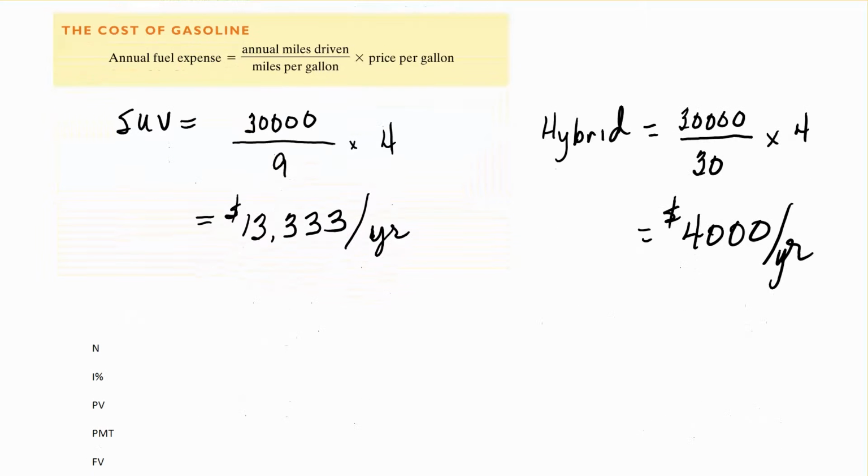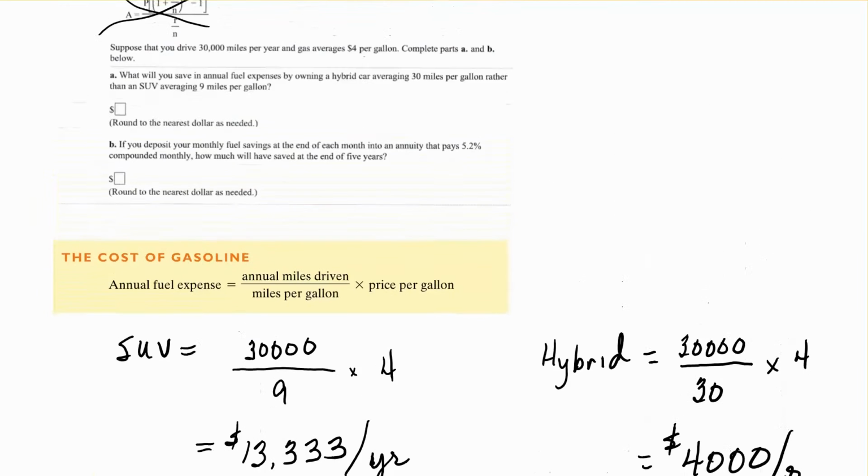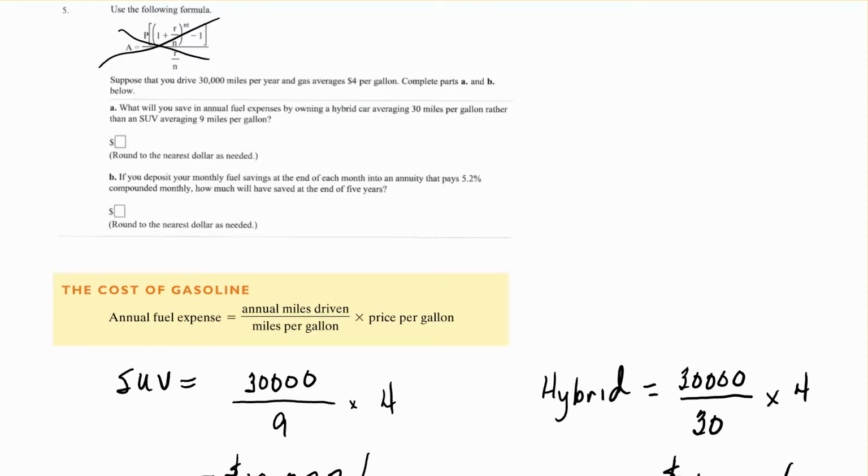So the savings is the $13,333 minus $4,000, which is $9,333 per year. All right. So that is the answer to question A.